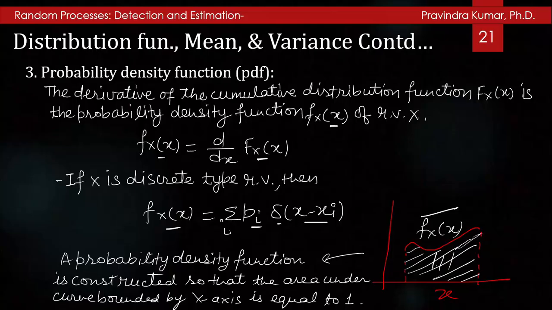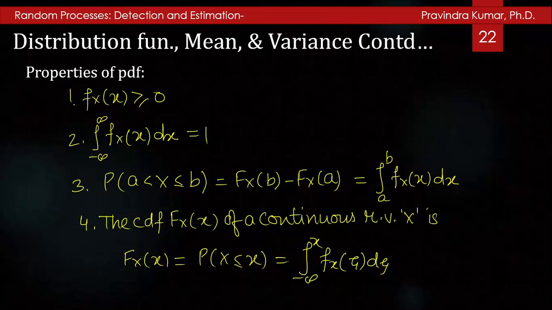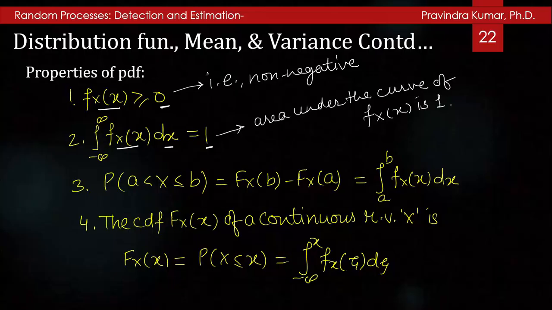And there are some properties of this PDF. The first property is fx(x) greater than or equal to 0, because this is a probability, so this indicates non-negativity. This means the PDF is positive, and the integration from minus infinity to infinity of the PDF dx is equal to 1. This indicates the area under the curve of the PDF is equal to 1.